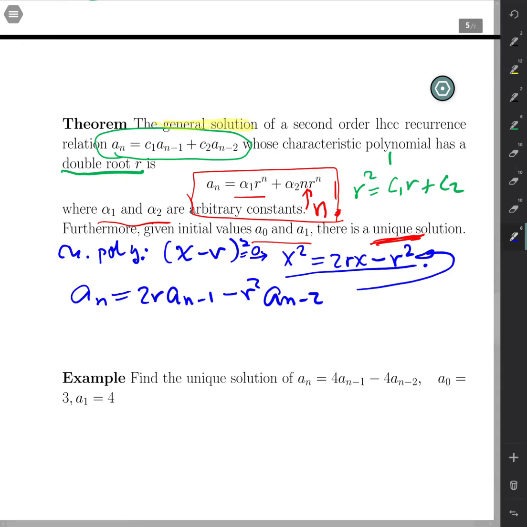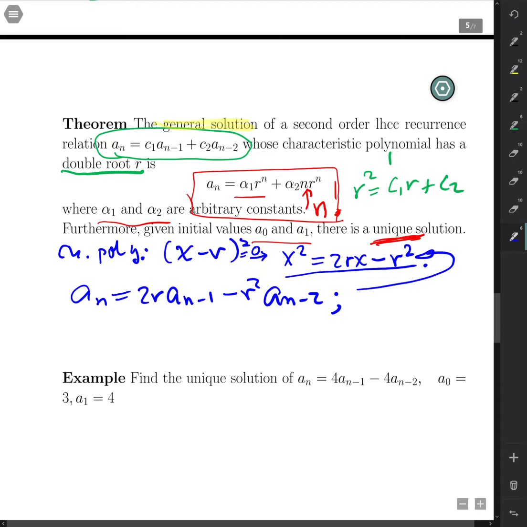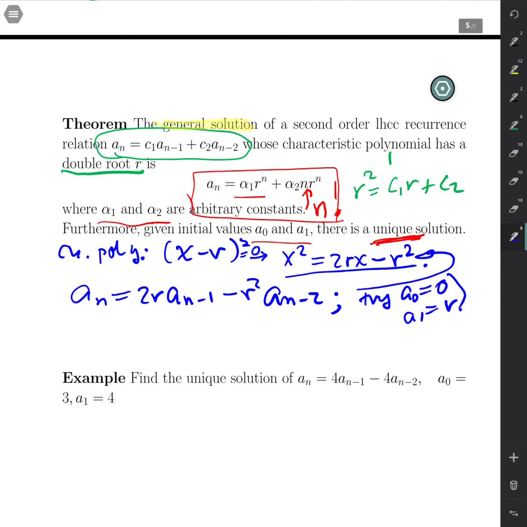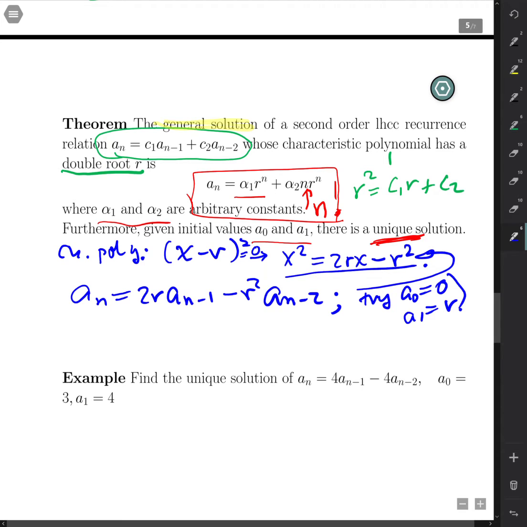And if you consider the case, let's try initial conditions a0 equals 0 and a1 equals r to see what happens. This is the simplest pairing of initial conditions, I think, to see that what happens when you do this is that n appears.